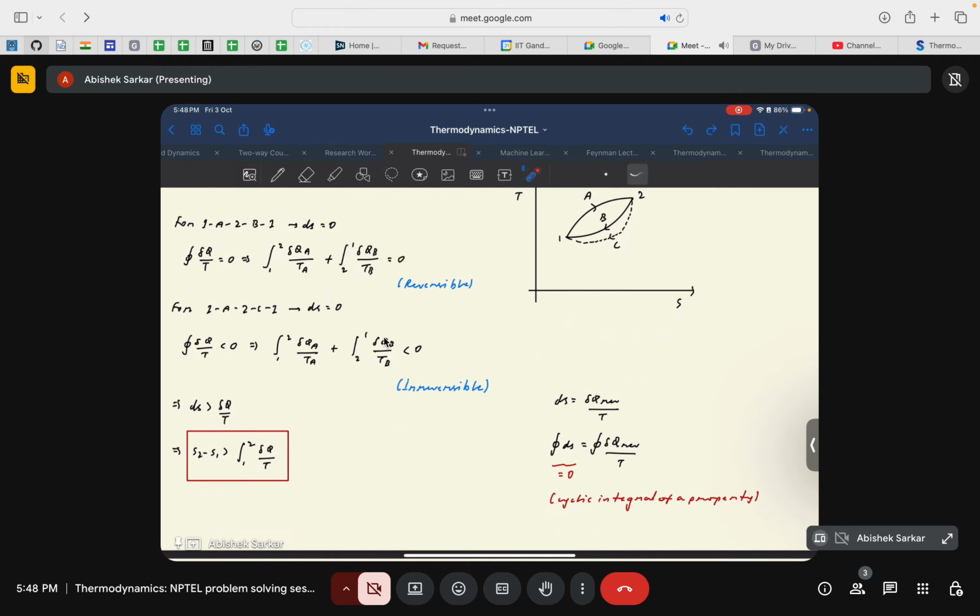So don't confuse this parameter del q by T to be equal to, or to signify, the change in entropy. It is only defined for a reversible process.